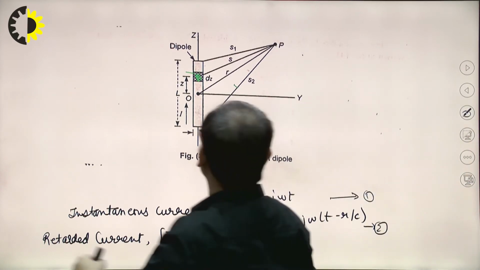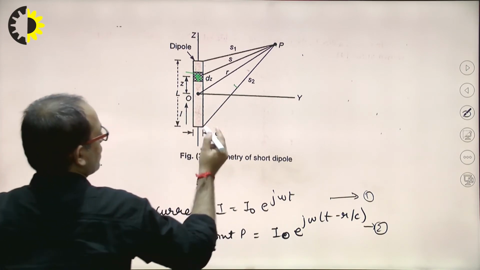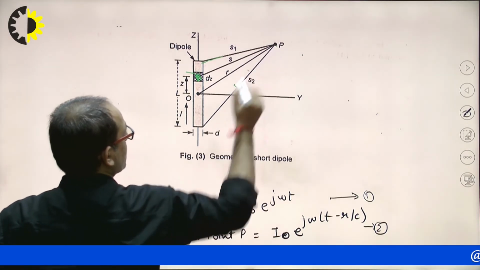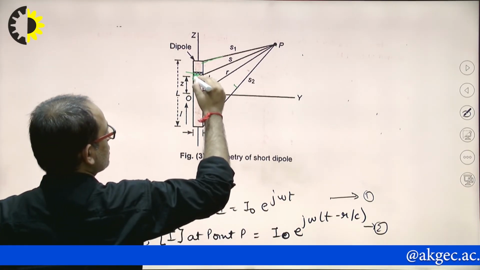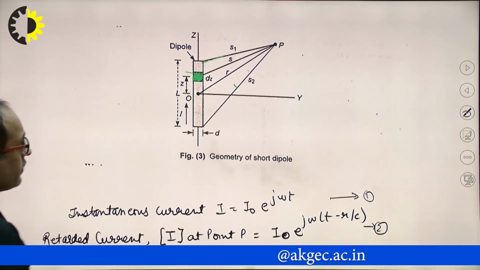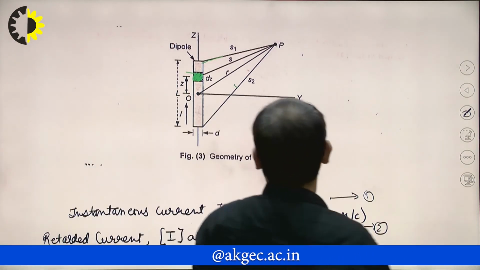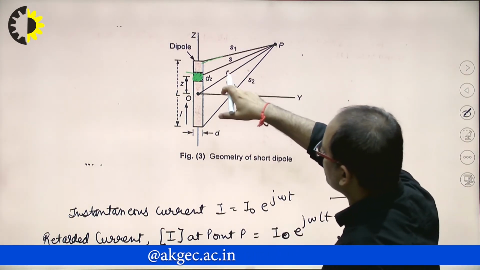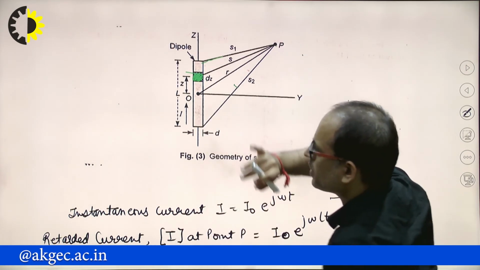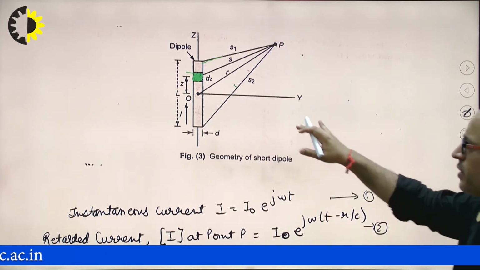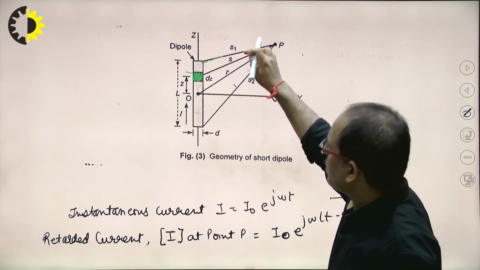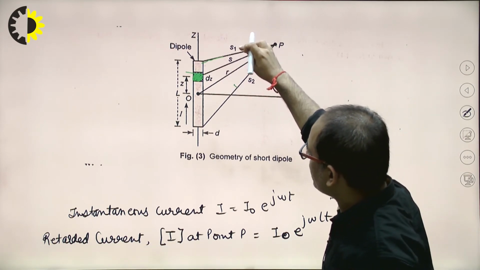Now see the distances S1 and S2 from the top and bottom, and S from this differential element. I can say S1 can be equal to r, equal to S2, because this distance is very, very large.